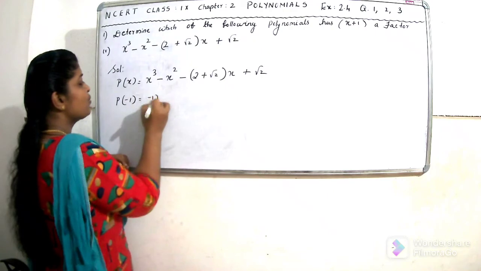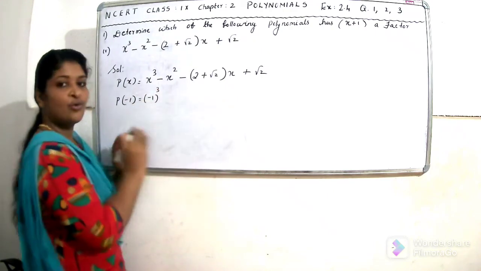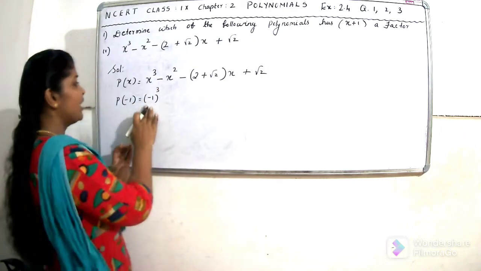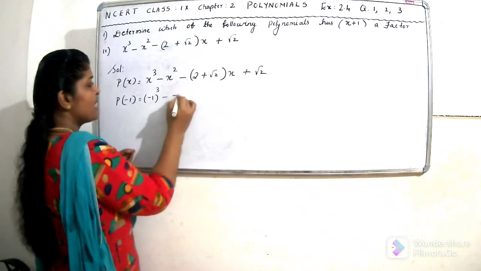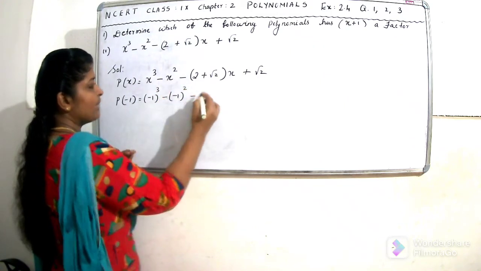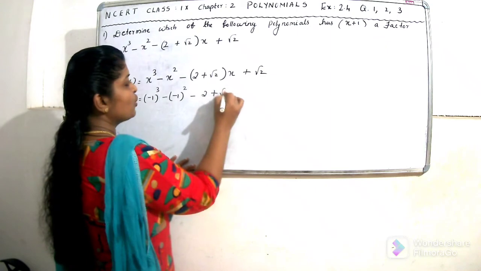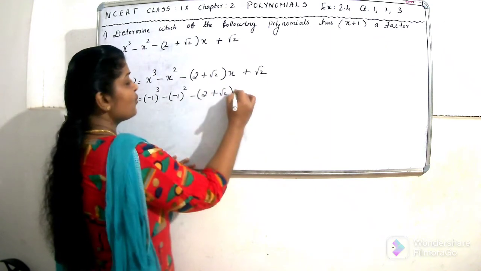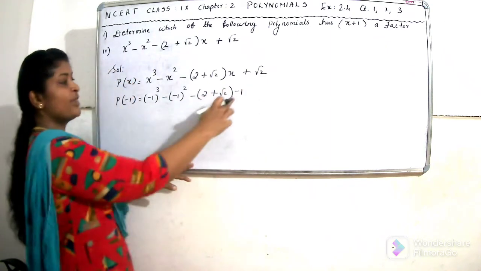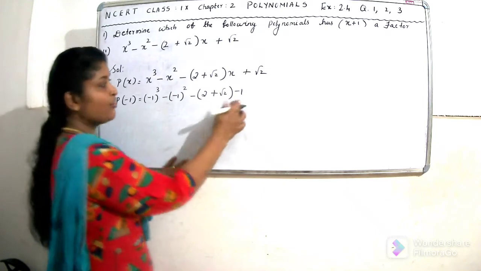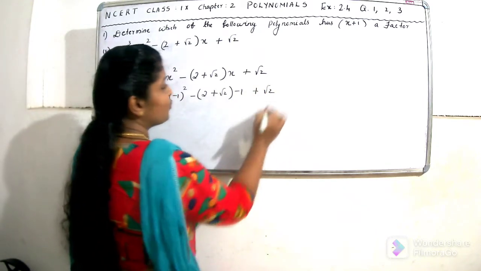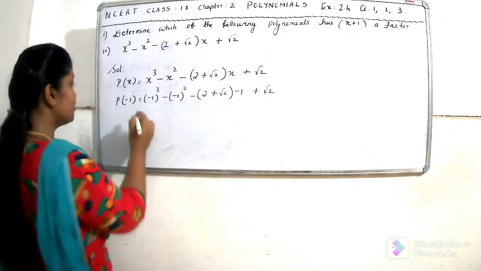So negative 1 the whole cube. Now in this step only substitution we are doing. Negative 1 the whole cube minus negative 1 the whole square minus (2 plus root 2) into negative 1, because where x is, there we have to substitute negative 1, plus root 2. Now carefully do the calculation.